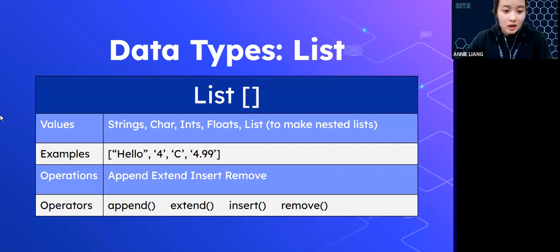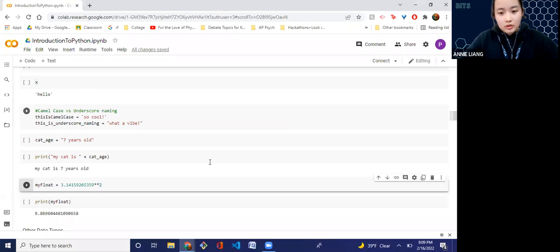For examples, all the data types are contained in square brackets and separated by commas. So you can see hello, 4C, 4.99 are values inside the list. Some useful operations you can do with a list are append, extend, insert, and remove. We'll show you how that works in Google Colab.